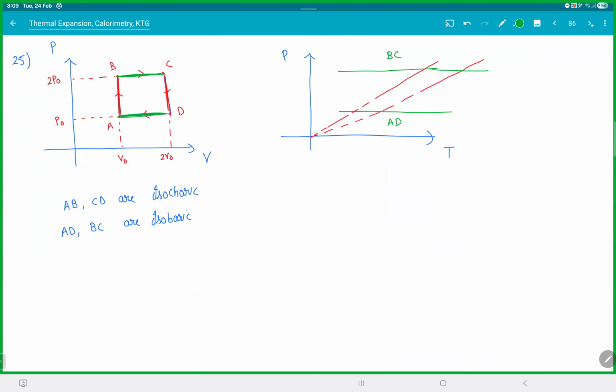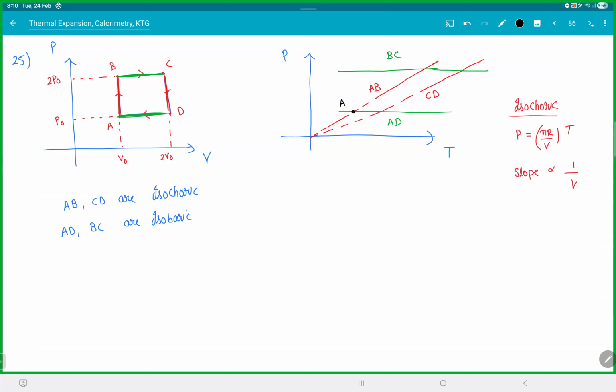And who has more volume? In an isochoric process, P is equal to nR by V into T, so slope is proportional to 1 by V. Whoever has more volume will have less slope. So this guy is CD and this guy is AB. There, done. Now this point is an intersection of AB and AD.